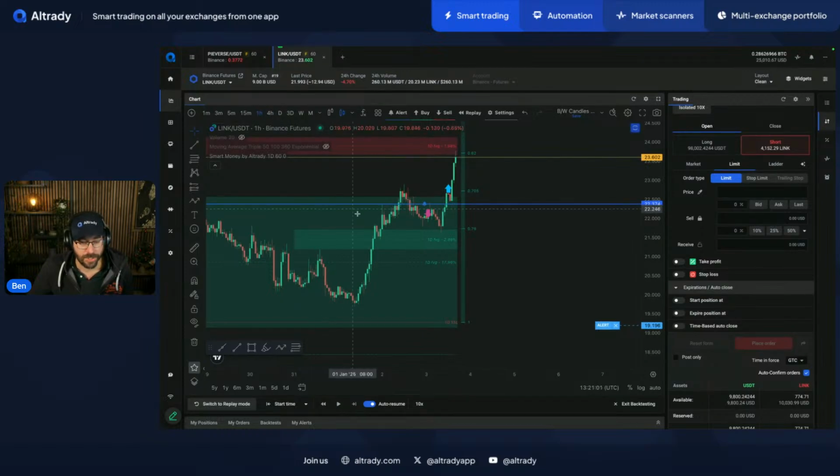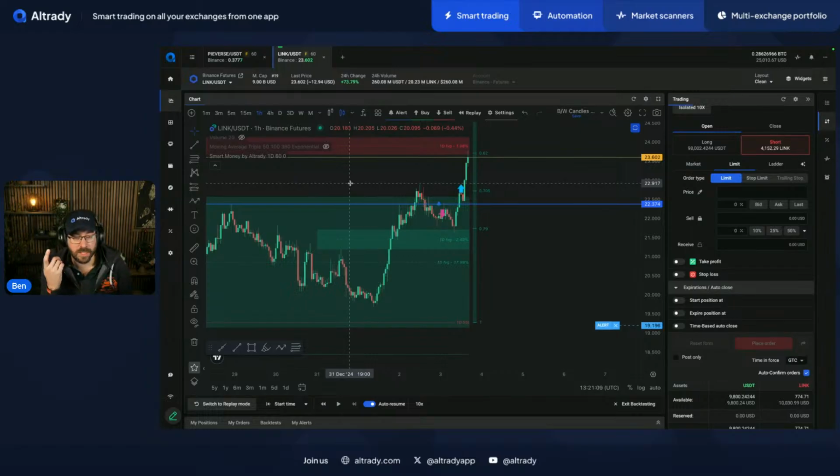Let me see if your shift had worked. So you say you shift here, then there wouldn't have been an entry. My point is that there was just this one fractal that got swept, but there was no shift at this point. So this would be the fractal that got swept, and then the lowest point in between them is this one. So this would be the shift for me.